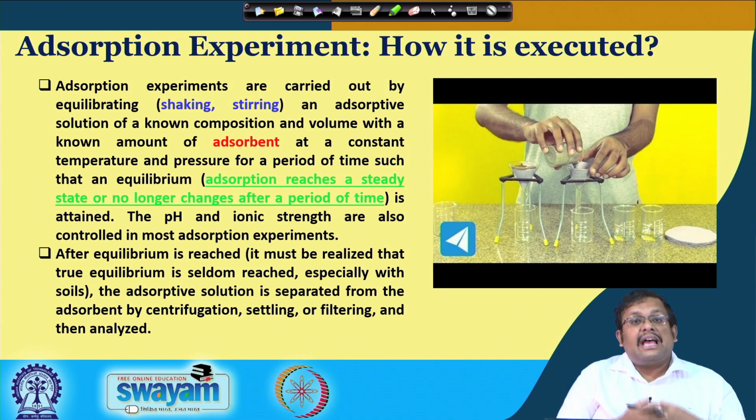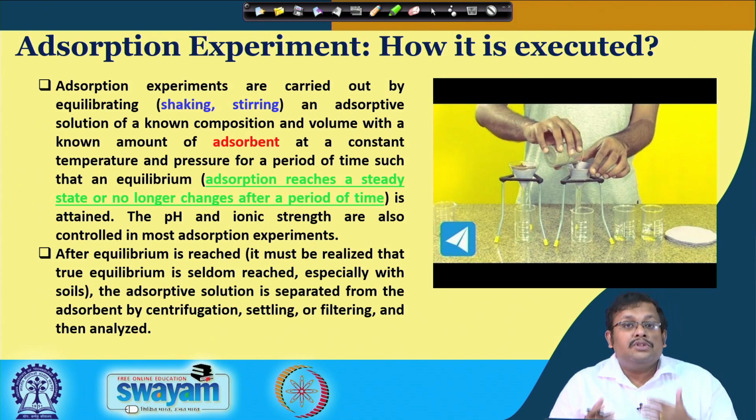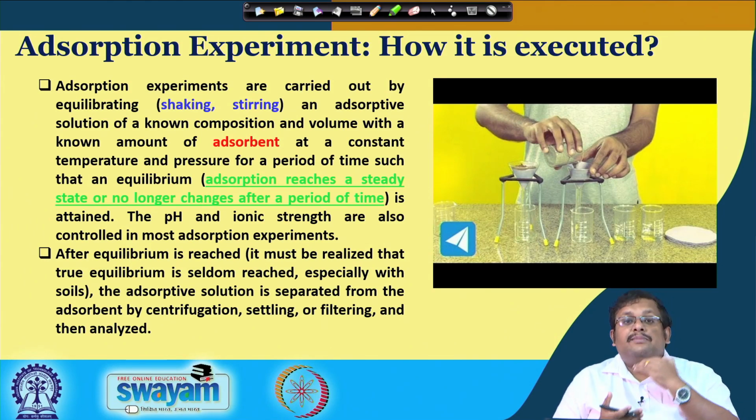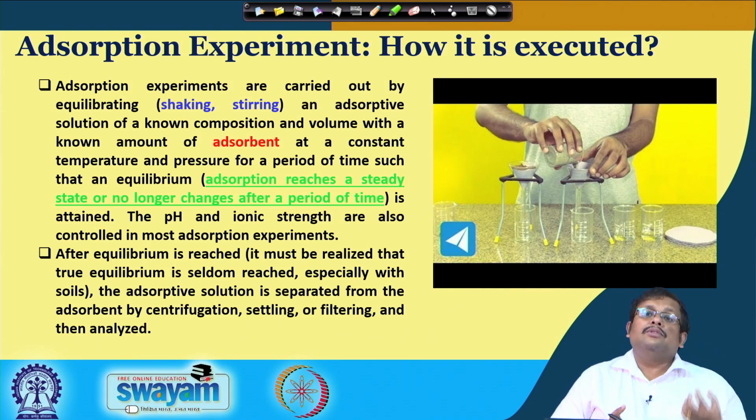The pH and ionic strength are also controlled in most adsorption experiments. After equilibrium is reached, the adsorptive solution is separated from the adsorbent by centrifugation, settling or filtering, and then analyzed. We know how to extract the soil solution, either by centrifugation or by saturation extract.